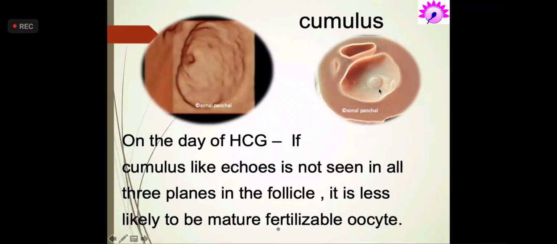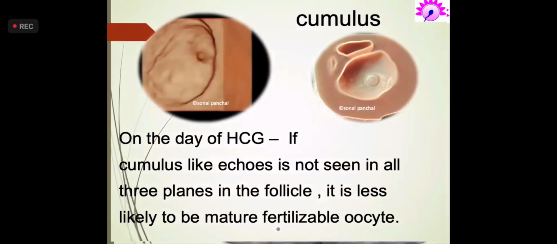If I'm doing 2D, I will be able to appreciate the cumulus in about 30 to 40% of mature follicles, but with 3D, I can appreciate it in at least about 85 to 90% of the mature follicles.